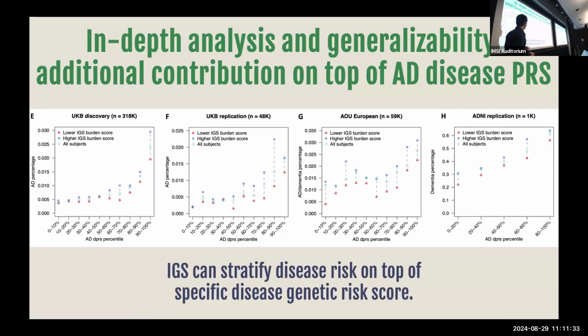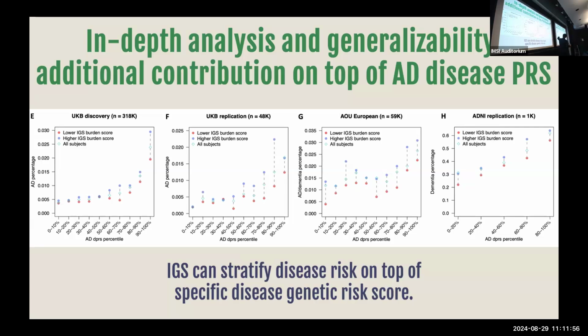We also do some joint analysis with the disease polygenic risk scores. The key idea is that for Alzheimer's disease, and for each of these specific diseases, we are able to directly apply the disease polygenic risk scores, and we want to show we can get additional information on top of the disease risk.